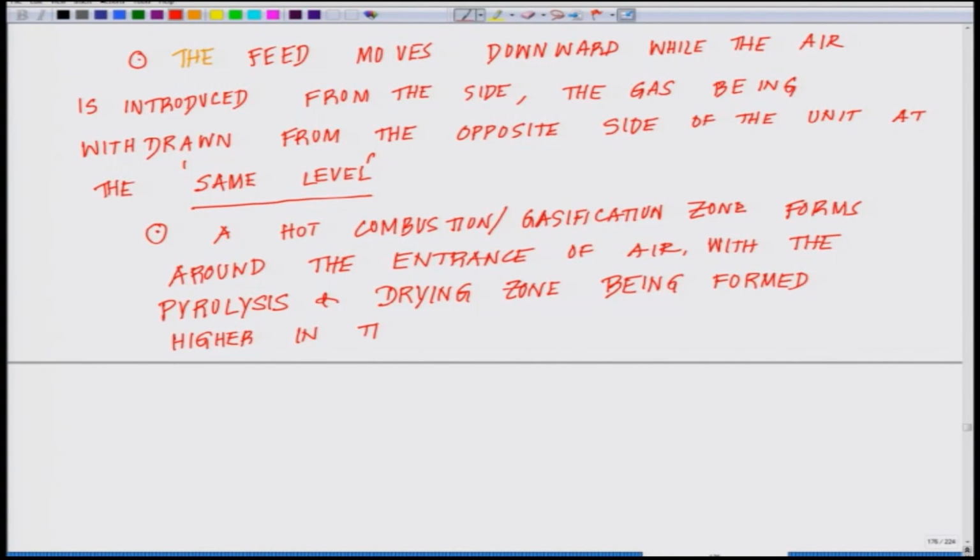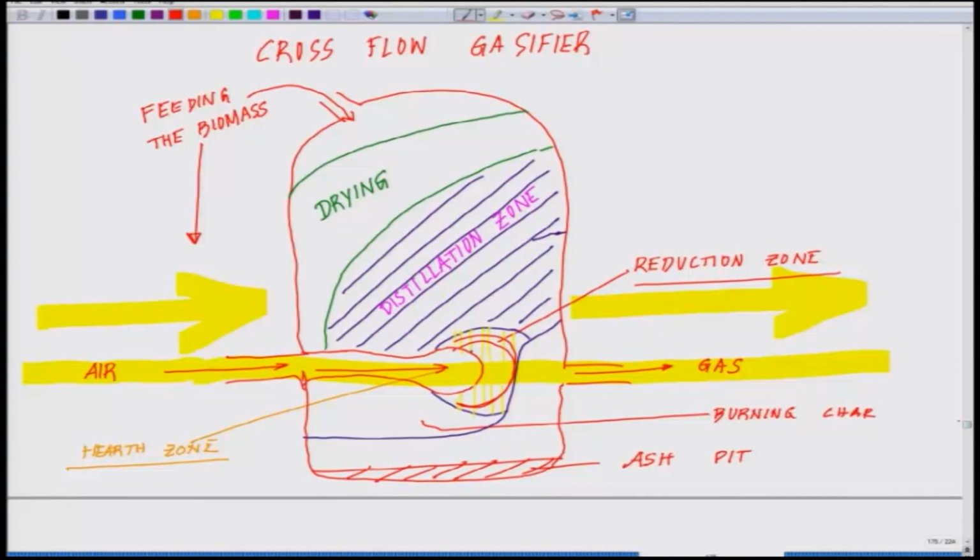That also you can verify by looking at the picture. See, this is the drying taking place at a higher level. Similarly, distillation or pyrolysis, all is happening at the higher level, and at this level the final reaction happens where the air is coming in contact with those processed materials.